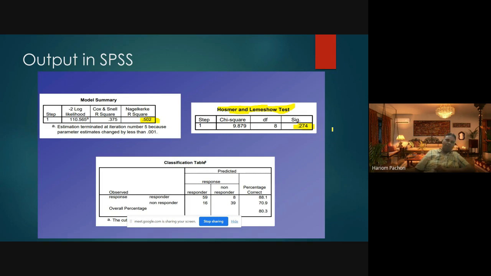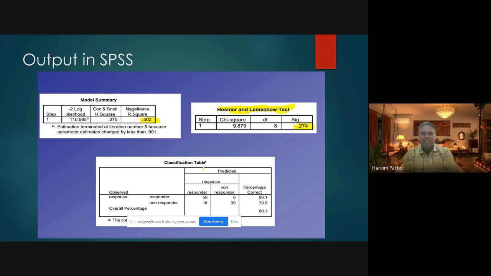Any guesses? Try to answer. If we are not getting a significant p-value, it means our model is fitting. If this value is lesser than 0.05, then our model is not fitting well. Okay? Clear?